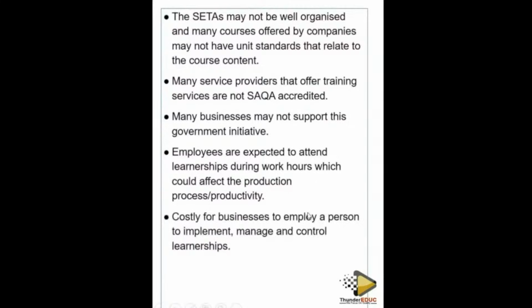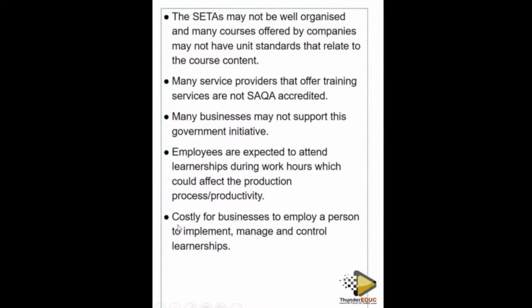Costly for businesses to employ a person to implement, manage or control learnership. Remember I said earlier, a business doesn't have any say in the implementation and controlling of the learnership. Only the SETA has the final word on how this Skills Development Act should be implemented.